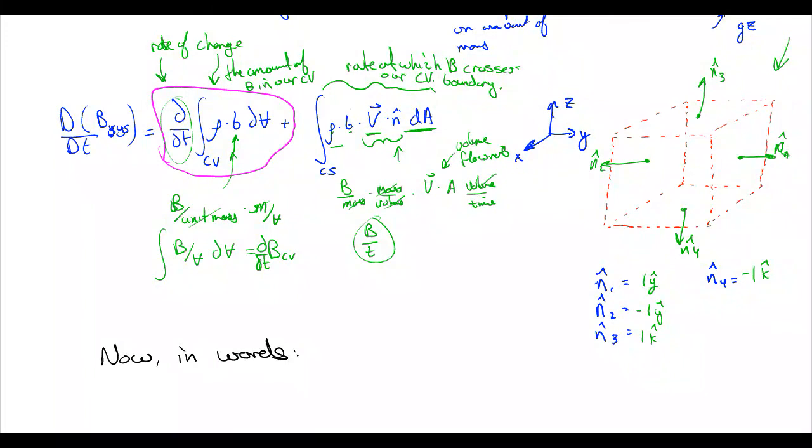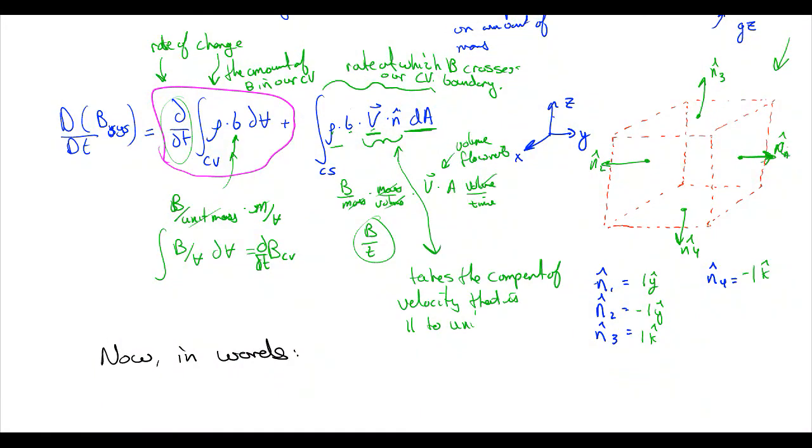So if our one vector, our n hat, is a unit vector, has a magnitude of 1, always of 1, then if we are dotting a unit vector into a velocity vector, what we're really doing is we're taking the component of velocity that is parallel to the unit normal vector.